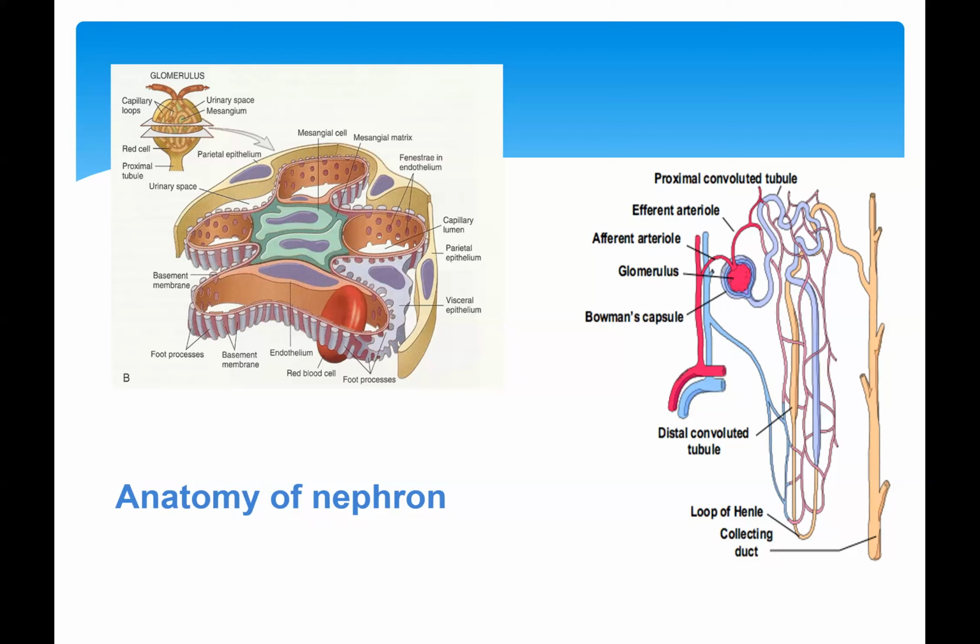Again, you have the endothelial cells lining the glomerular capillary walls. Next to it would be your glomerular basement membrane, which consists mostly of collagen type 4. Next to which, you will see what you call the foot process. This is otherwise known as the epithelial cells or podocytes.